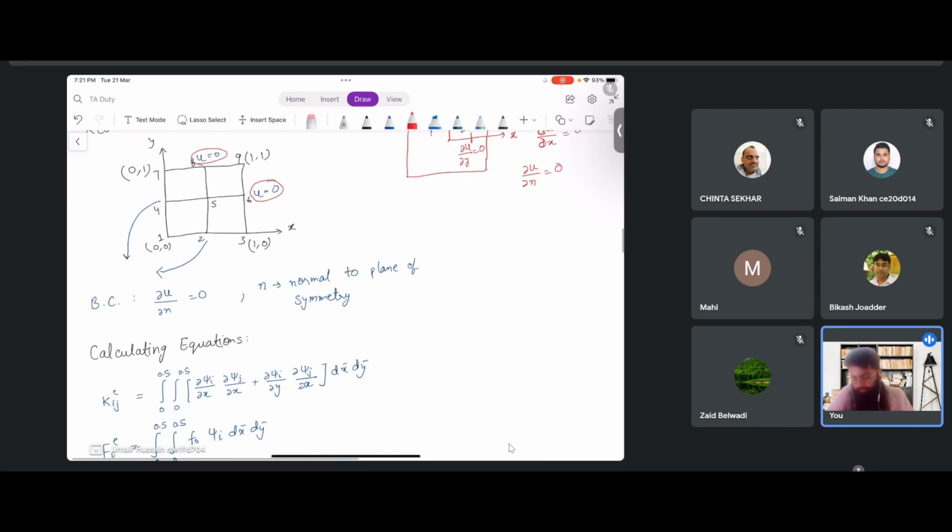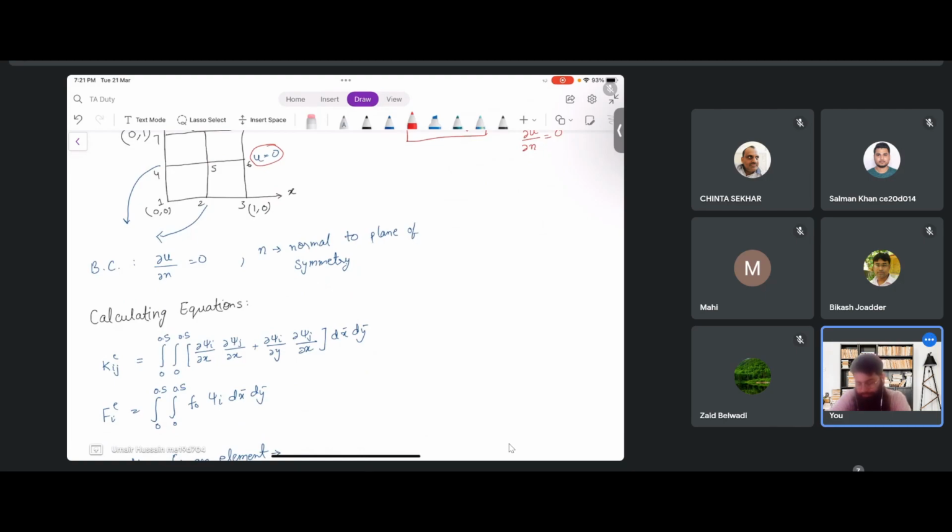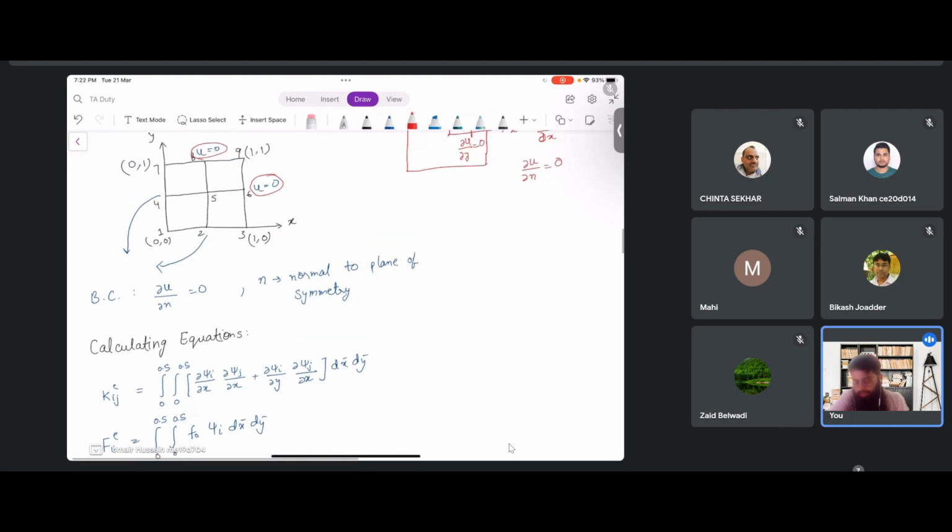So now our problem is reduced. We have the reduced domain. We know the boundary conditions. Now we just need to solve the problem. We have discretized our square domain into four squares, and we know the approximation function for these simple square elements.